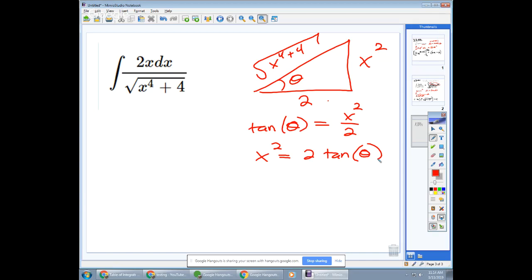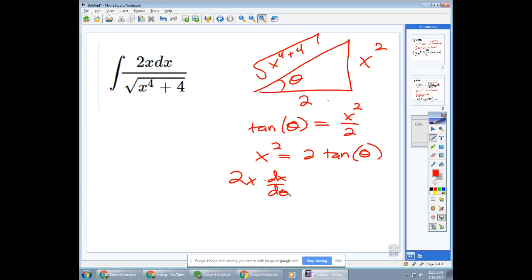Now x here is a function of theta. So on this left side here, the derivative of x squared normally would be 2x, but x is a function of theta, so I get a dx d theta. So there's more than one way to do this.